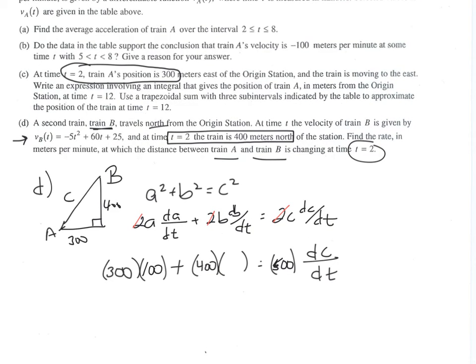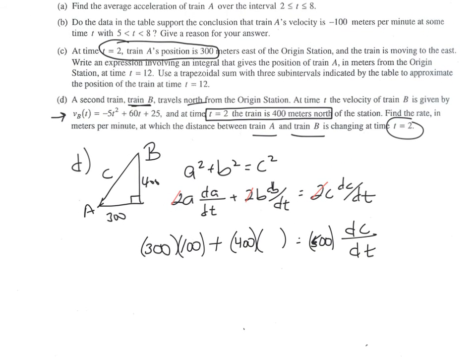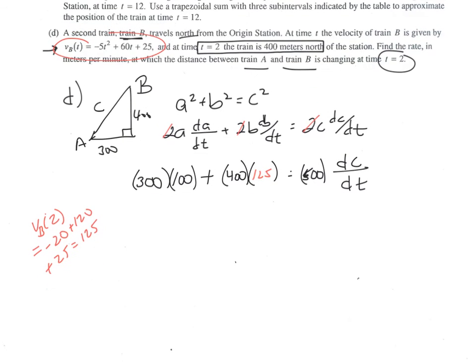Now we need to find dB/dt, right? That's the rate of change for train B. And they gave us this little function right here. So let's plug in 2. So we get negative 5 times 2 squared, so negative 20, plus 120 plus 25 is 125. So that value goes right there. Okay, now we're just solving for dc/dt.